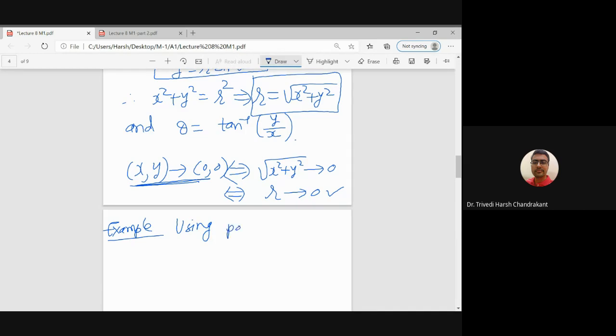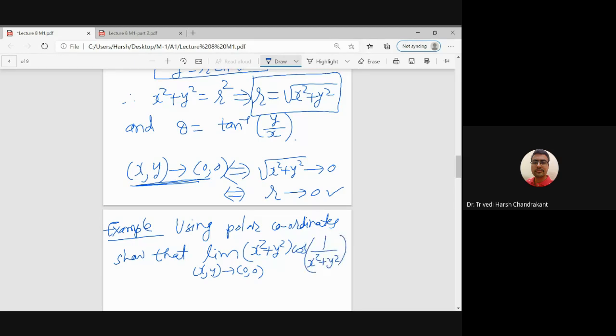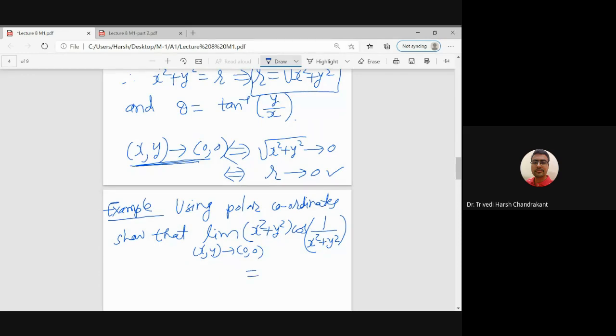Using polar coordinates, show that the limit as (x, y) approaches the origin of (x squared plus y squared) cosine of 1 divided by (x squared plus y squared) is equal to 0.